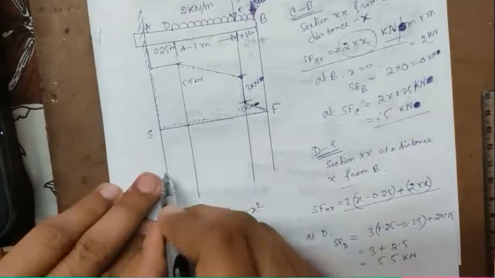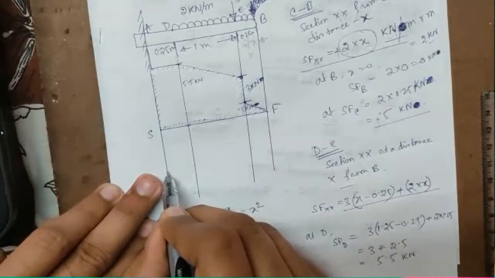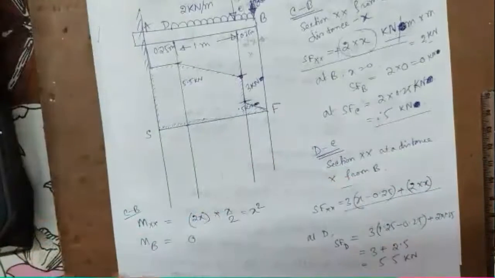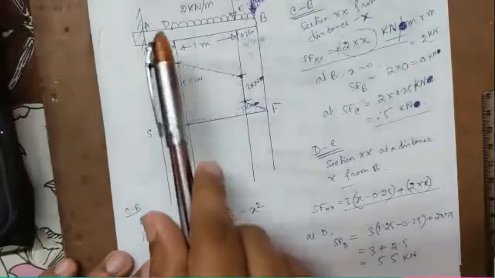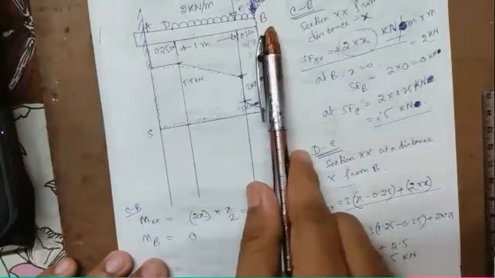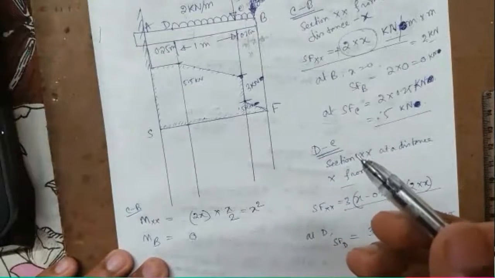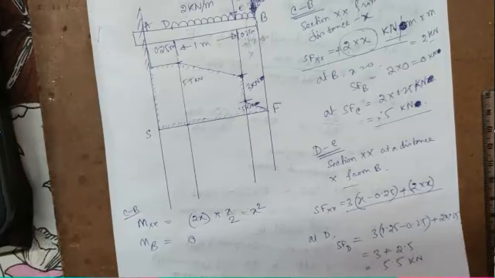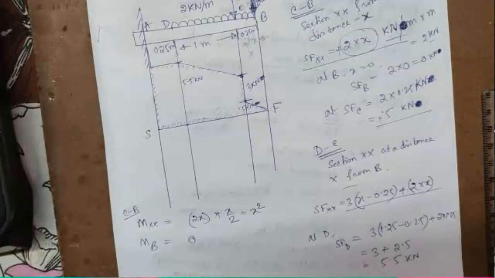So if we draw a line, now if you look, these loads are trying to bend the beam as negative bending moment or as hogging moment.